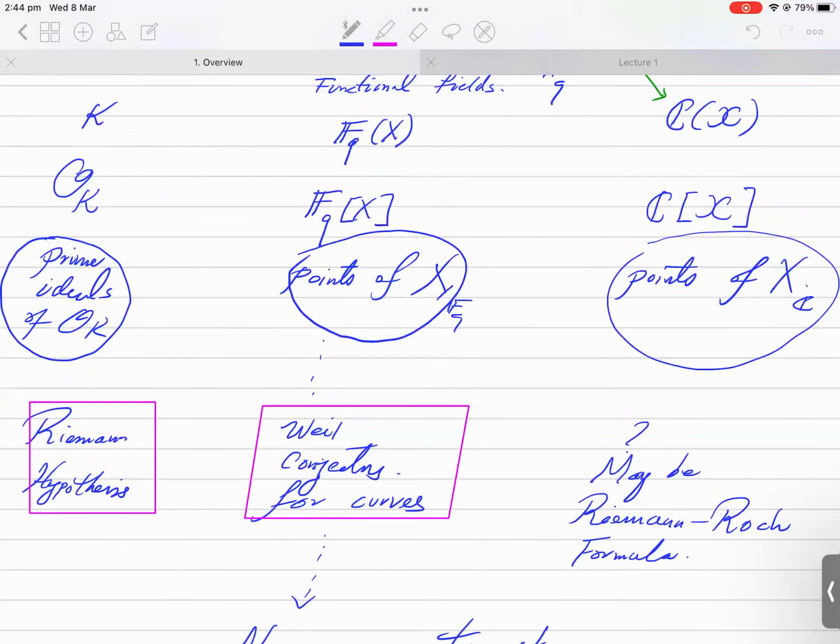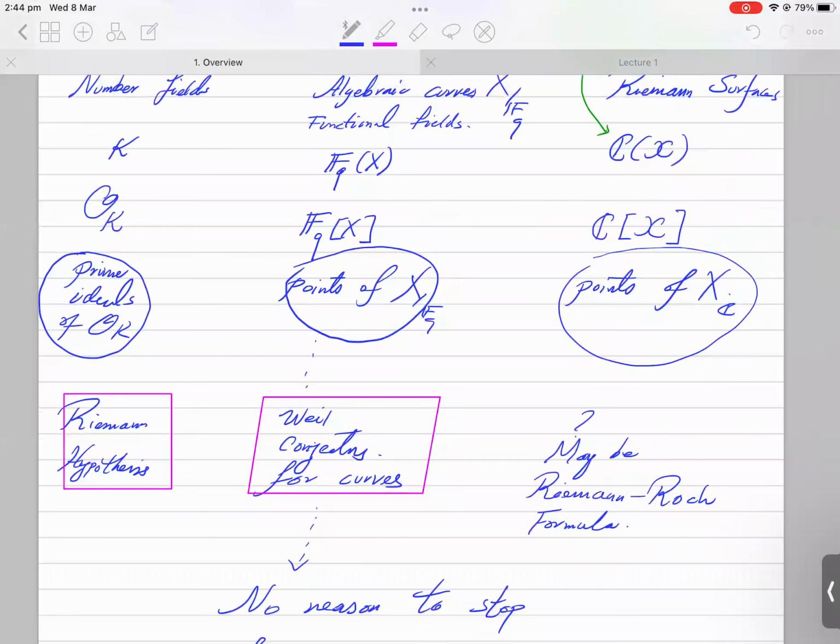And he came up with the Weil conjectures through this translation. Okay, so we will discuss this more, of course. So that's what in some sense the whole course is about: how this translation happens and what one can say about it.